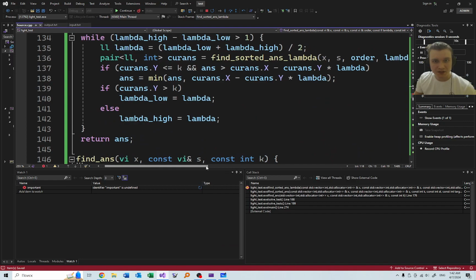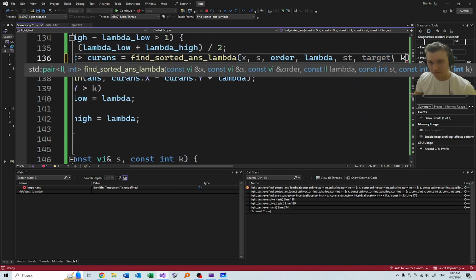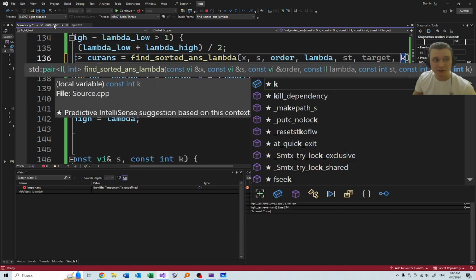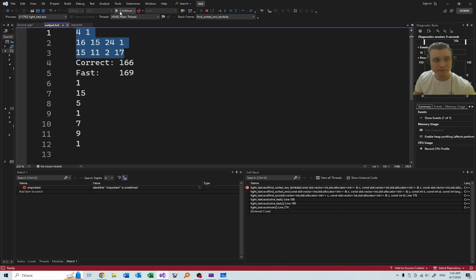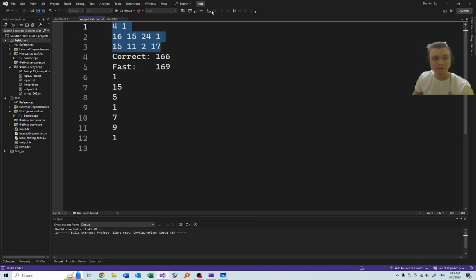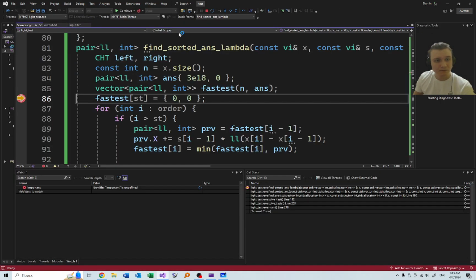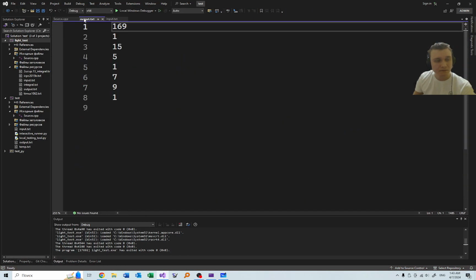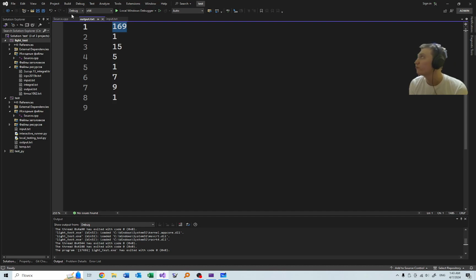And here we just pass k. Maybe it helps, I don't know. No, it does not find the answer 166, which is correct here. But why? Why is that?